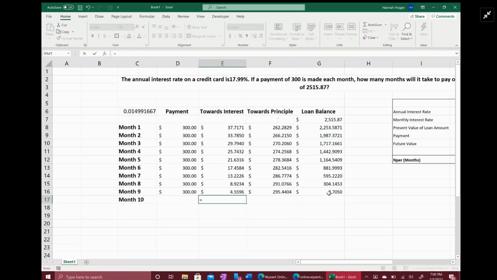So the interest is going to be that times our interest rate. And then the payment amount is going to be how much you owe plus the interest you're going to have to pay.